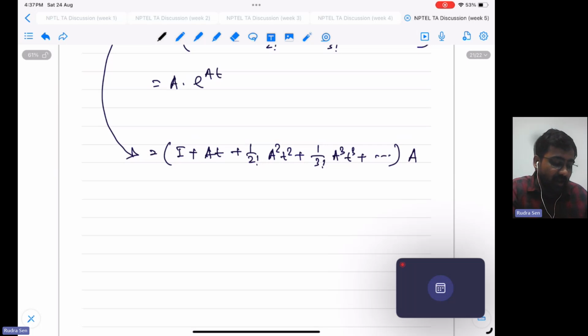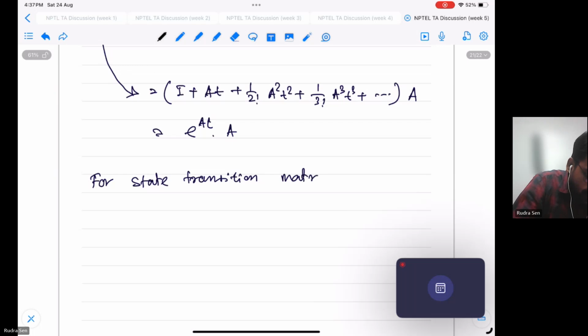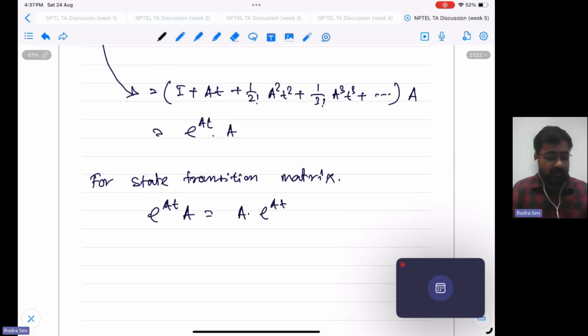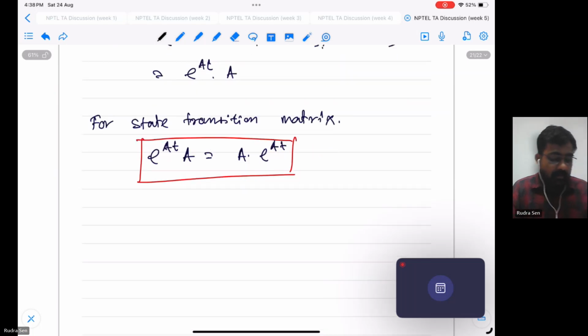So we basically multiply A with A², with A³, with A. So this is basically e^(At) into A. So for the state transition matrix, e^(At) into A is equal to A into e^(At). Okay, this is the thing.